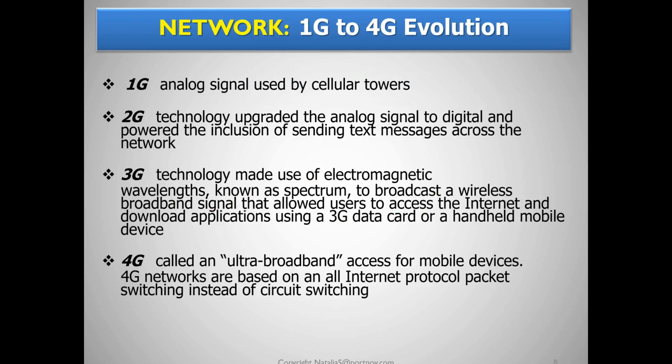If you look at 1G, it was analog, used for voice calls only. The second generation is a digital technology that supported text messaging. The third generation, 3G mobile technology, provided a higher data transmission rate, increased capacity, and multimedia support.